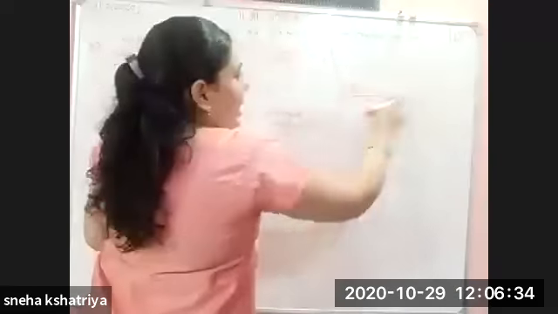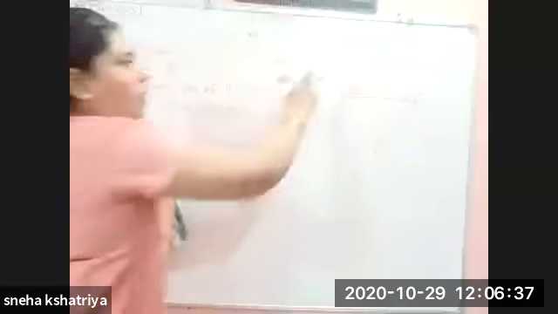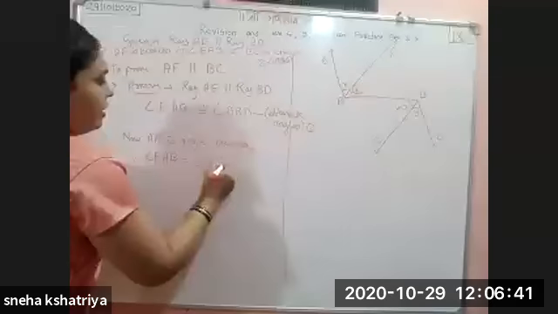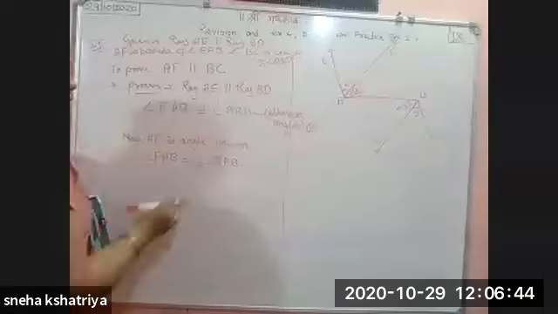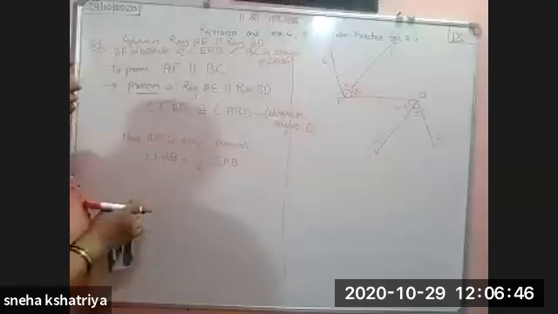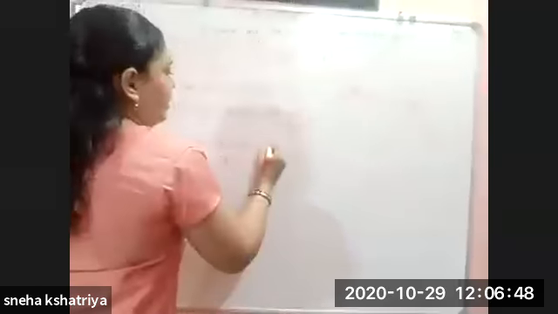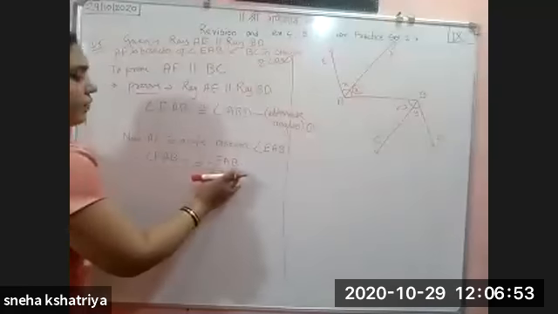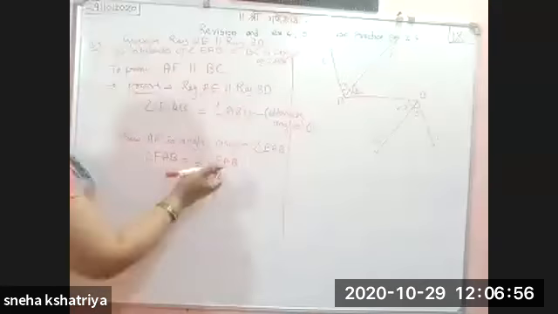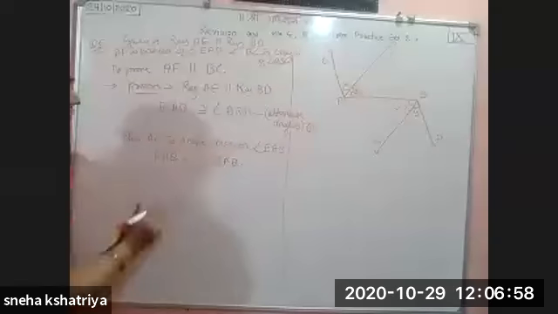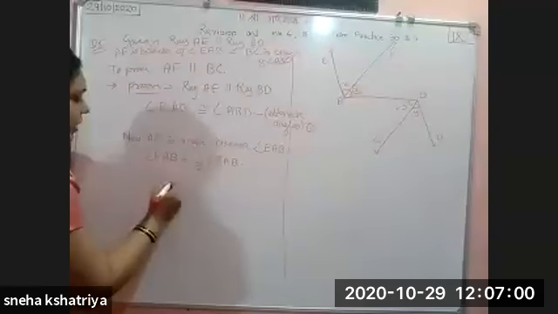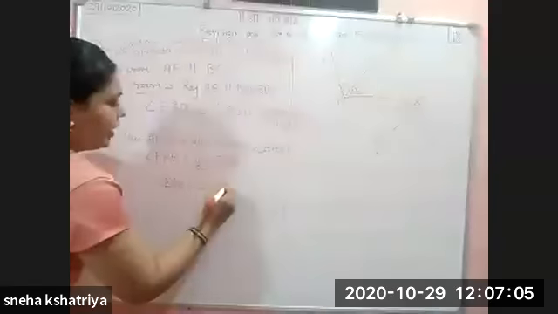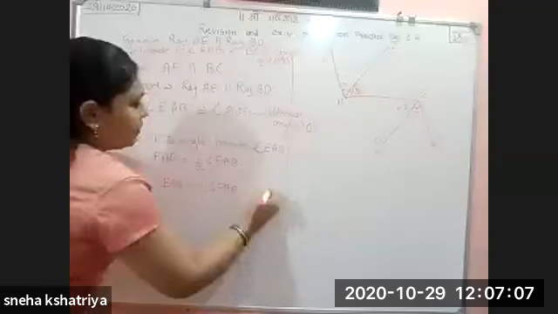So FAB will become half of EAB, since AF is the bisector of angle EAB. Therefore FAB is half of EAB. So here we have EAB, and we will write down its value: angle EAB is equal to twice angle FAB. Call it equation number 2.